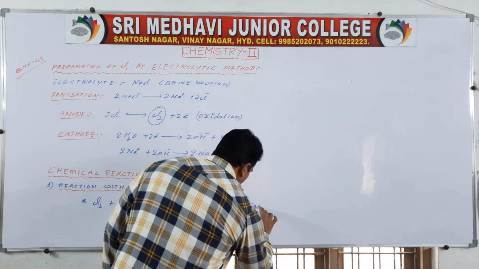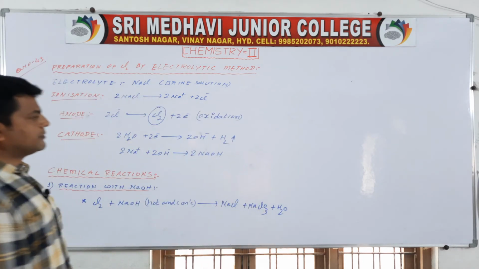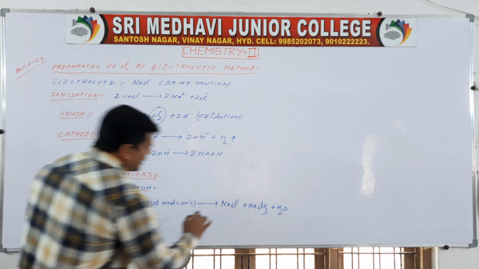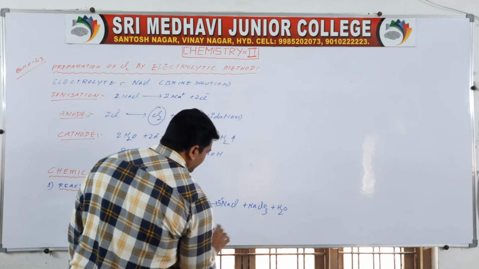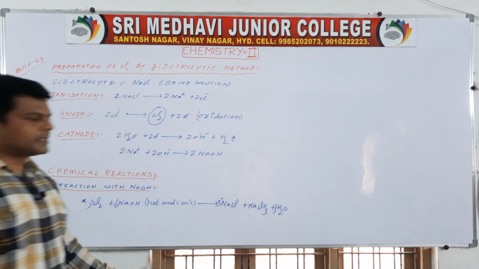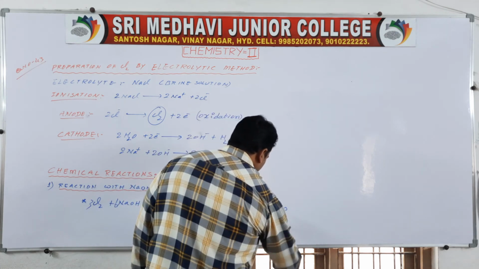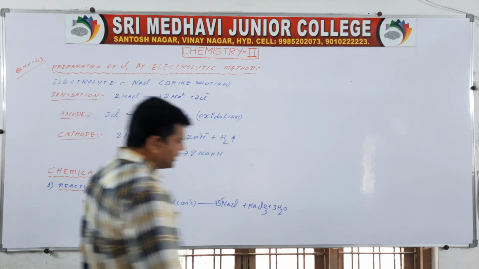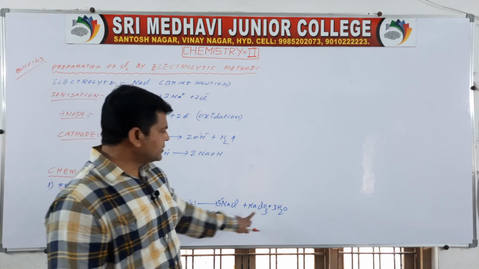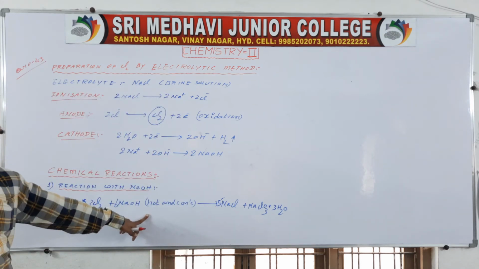NaCl, NaClO3 plus H2O is formed. For balancing, here you have to take 5, then here you have to take 3. So it is sodium hydroxide giving sodium chloride and sodium chlorate. It is hot and concentrated.